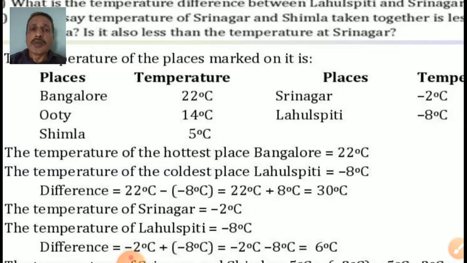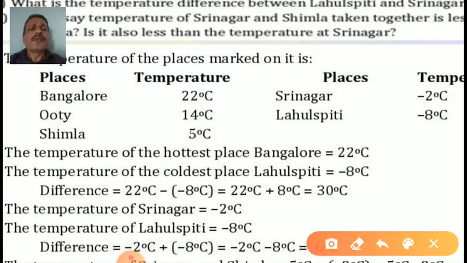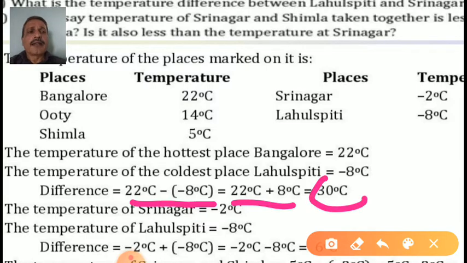So 22 minus minus 8 degrees centigrade. We know minus into minus is plus. So 22 degrees centigrade plus 8 degrees centigrade sums up to 30 degrees centigrade. So the difference between the two cities, the hottest and coldest, is 30 degrees centigrade. Now B is over.